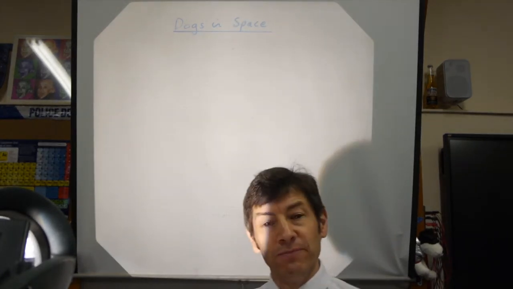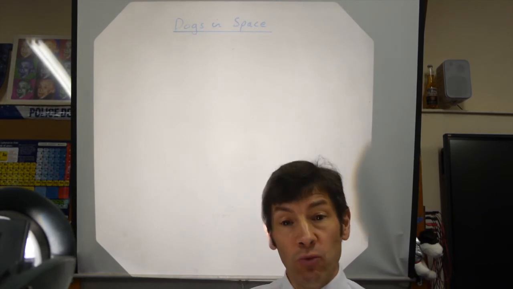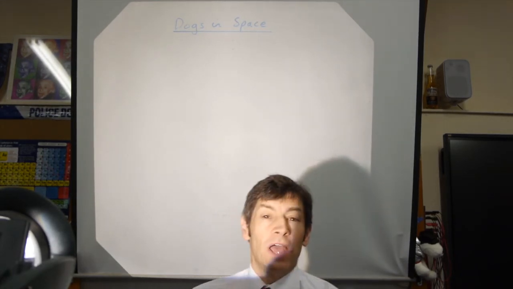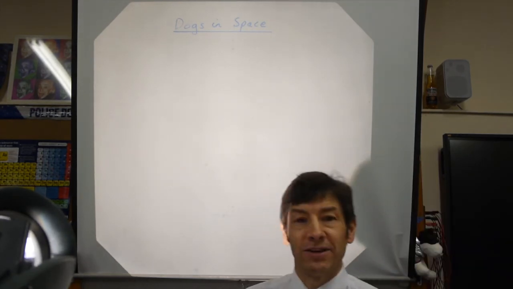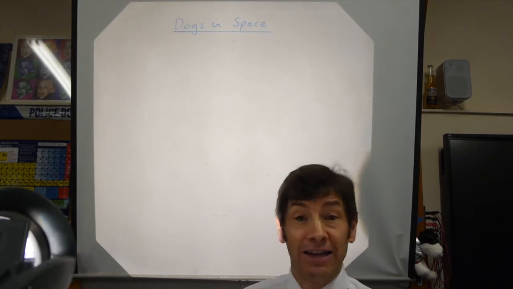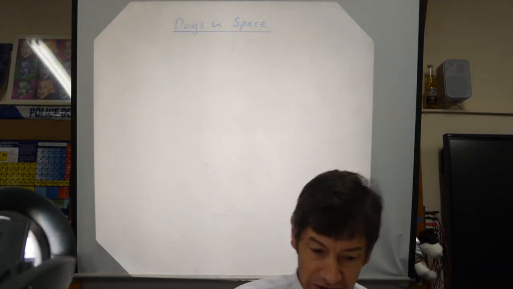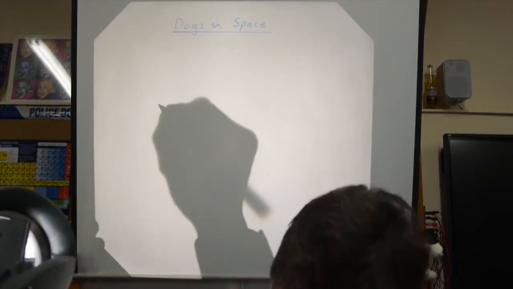And what I thought we'd do is have a look at what her weight was, in other words, using the gravitational field strength of her orbit to try and find out how heavy she felt as a cosmonaut dog. So we've got this sort of arrangement. So here was the Earth.